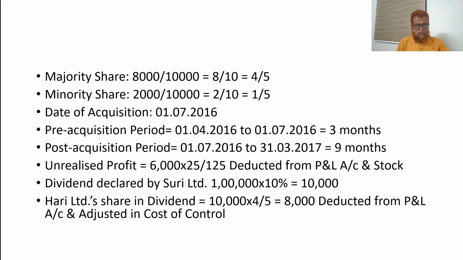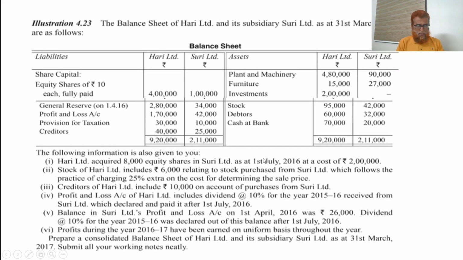In the problem, there are 1 lakh rupees of shares in Suri Limited, means 1 lakh divided by 10, that is 10,000 shares of 10 each. So Hari Limited acquired 8,000 equity shares in Suri Limited, means Hari Limited is the holding company, and Suri Limited is the subsidiary company.